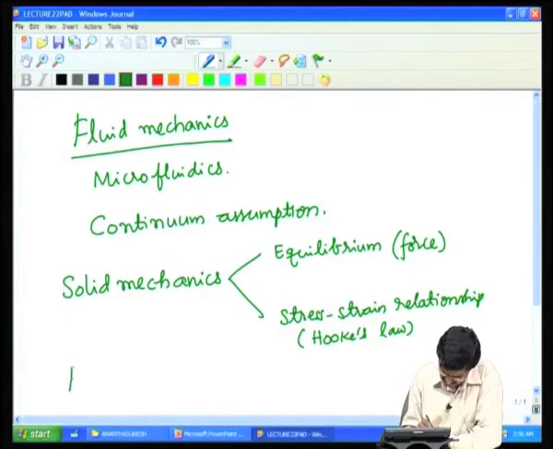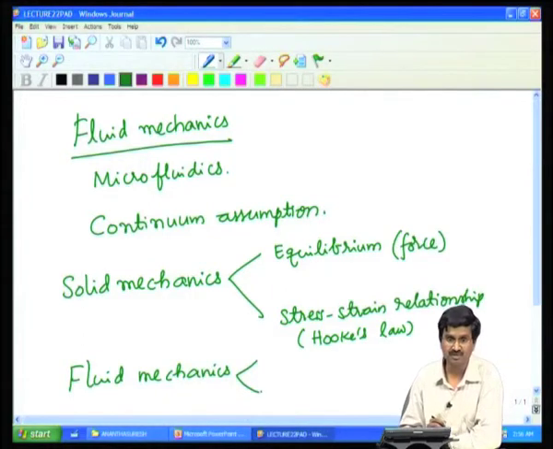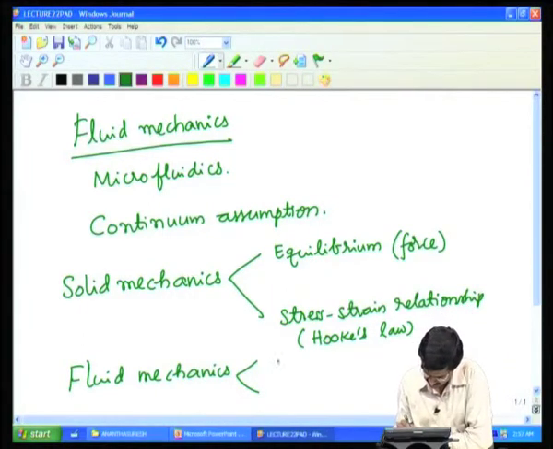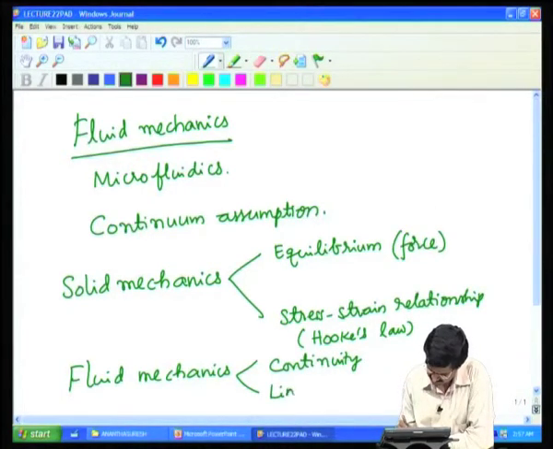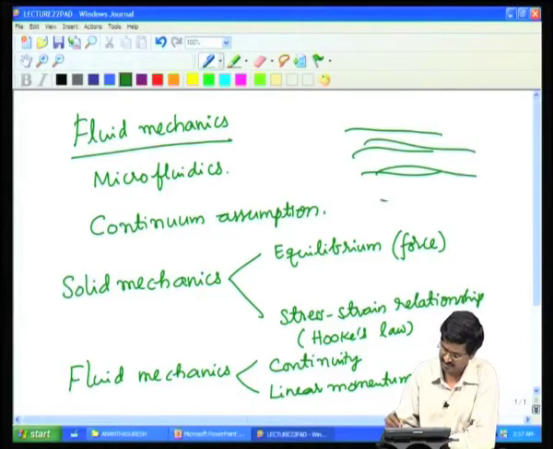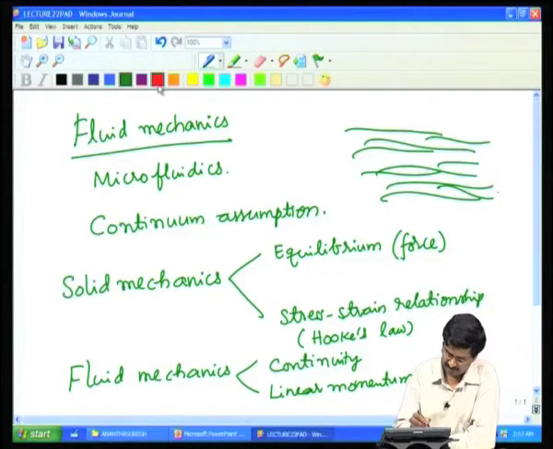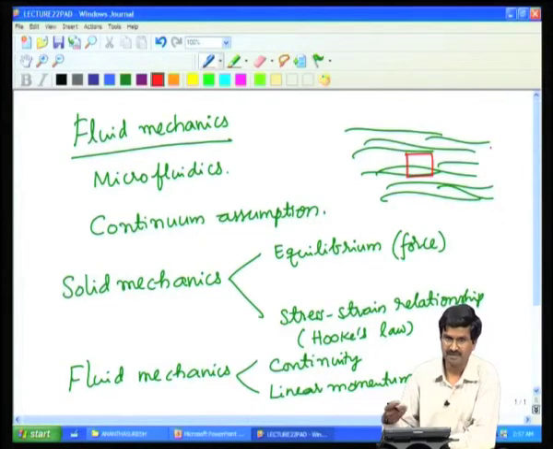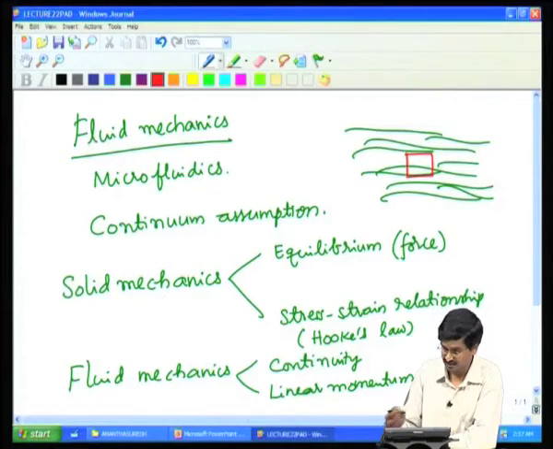When it comes to fluid mechanics, it is much more complicated, but we can say that these two derive from two things. One is continuity and the other is linear momentum conservation. If I take a small control volume, how much enters, how much leaves, if there is really no source within it, the net flow has to be 0.